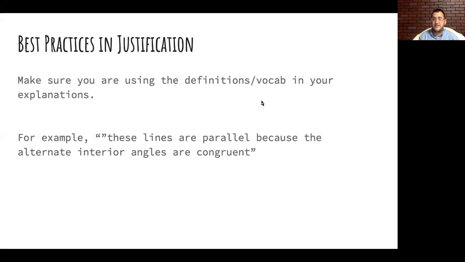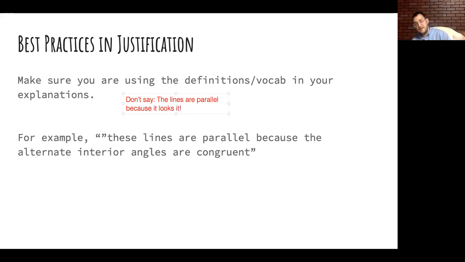When you're justifying something, one thing that makes me and just about any other math teacher happy is using the definitions and the vocab in your explanations. So don't say the lines are parallel because it looks like it.